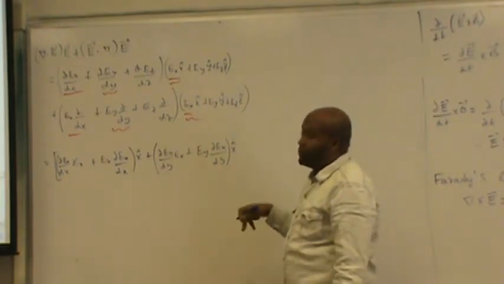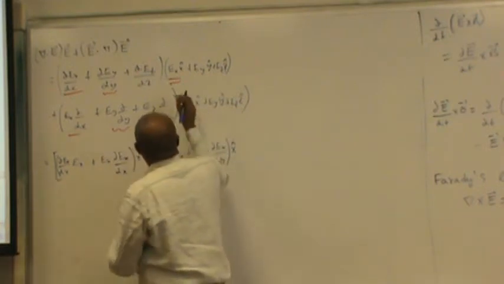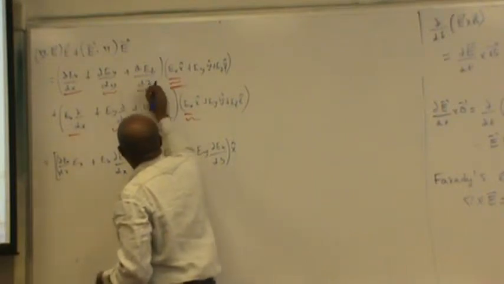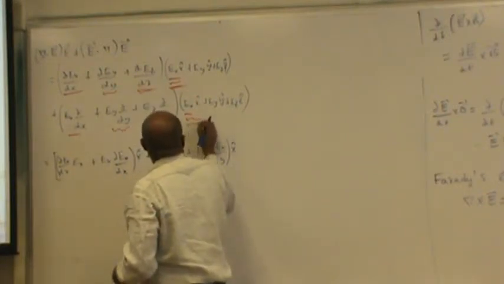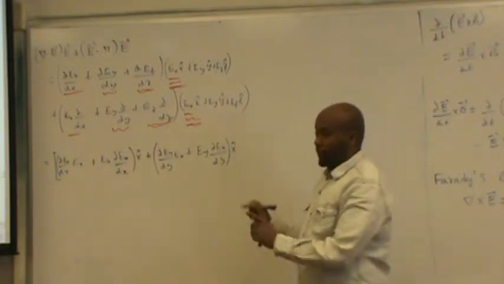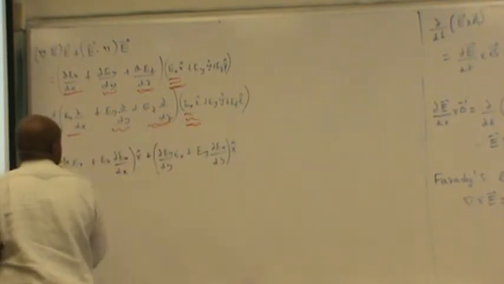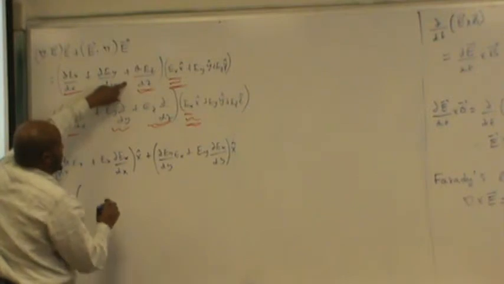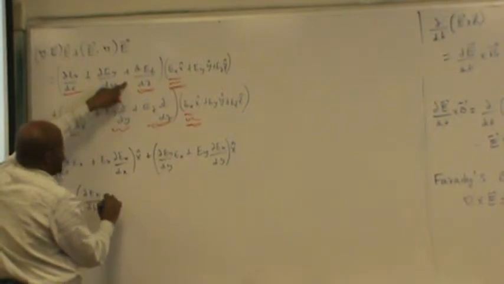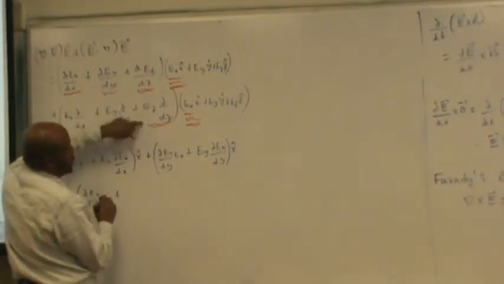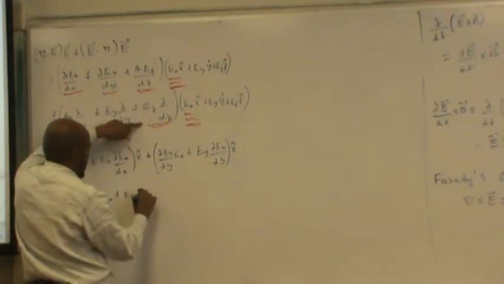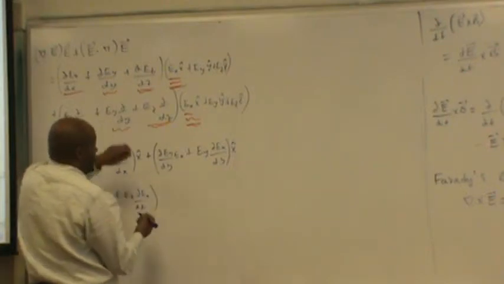And the other x component is when you take this with this, and this with this. You agree? So what do you get? You have one other term. That's going to be Ez dEx by dz, plus dEz by dz Ex, along x hat.